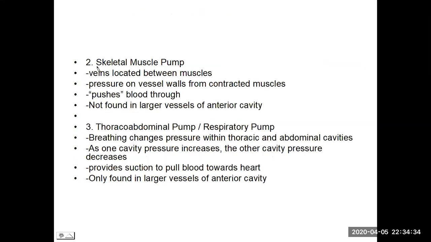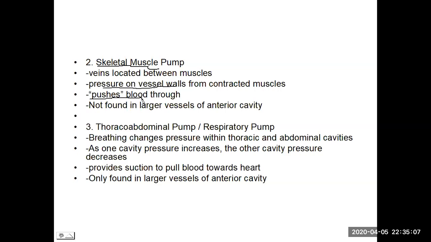Two other mechanisms. One involves our contracting, working skeletal muscles, and the fact that our blood vessels are surrounded by and run between our skeletal muscle organs. Any contraction of the muscle organs puts pressure on the blood vessels, especially the veins with their thinner tunic walls, and that gives additional force to push blood through the veins.